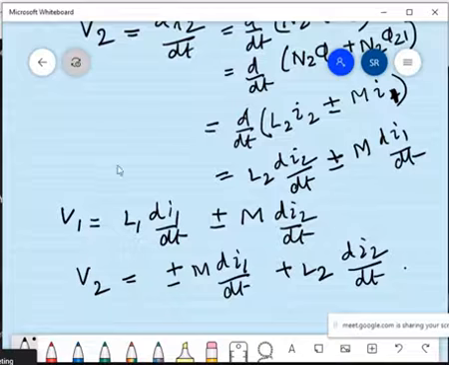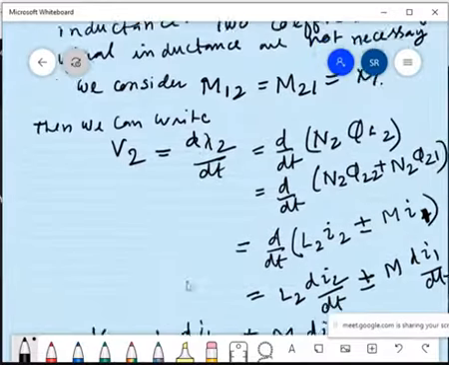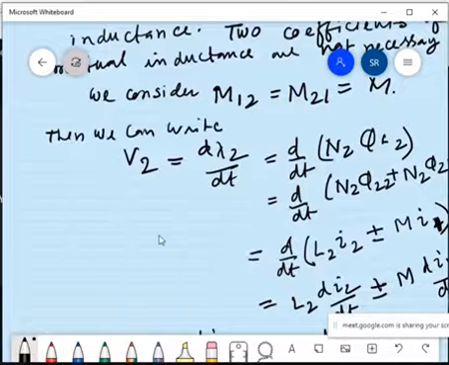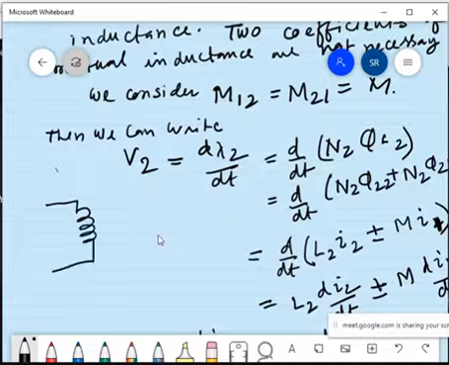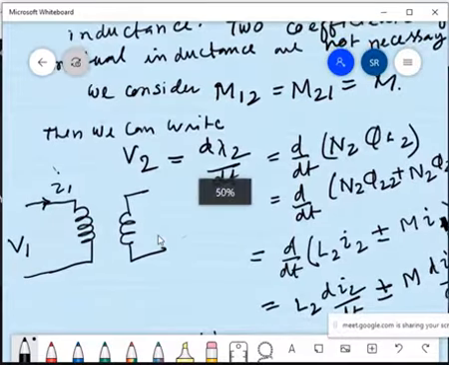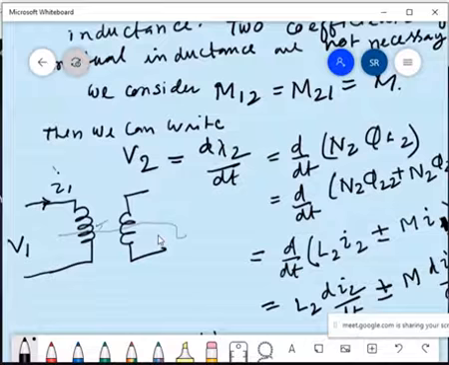V1 is the voltage of coil 1. Let's see the figure again. This is coil 1 and this is coil 2. This is the voltage of coil 1, not the EMF induced. Current I1 is entering. This is L1.